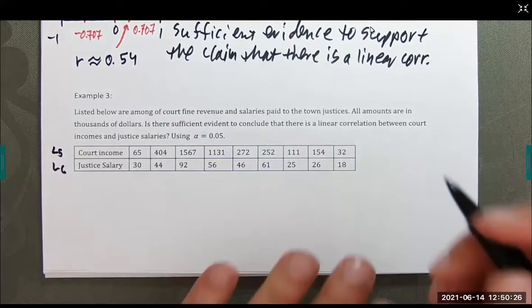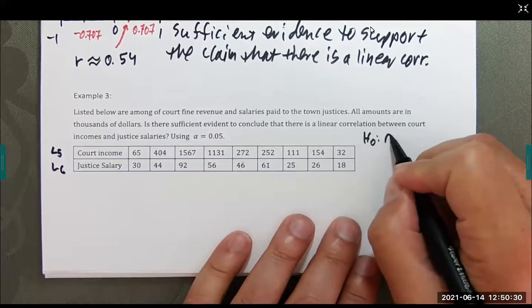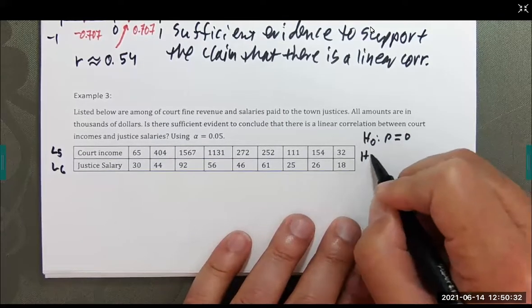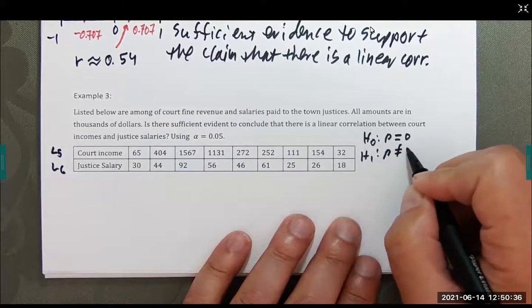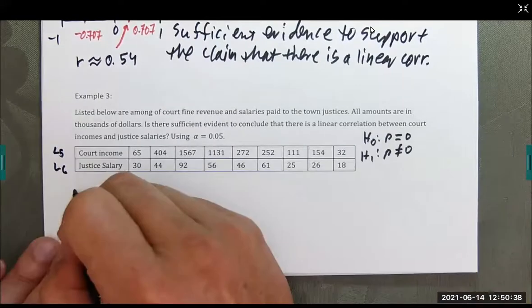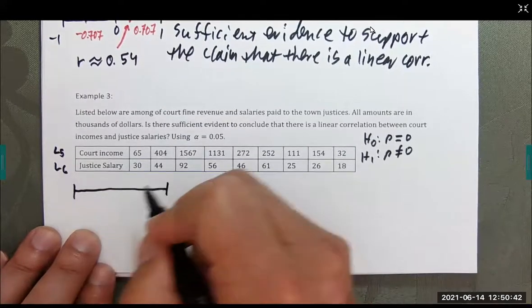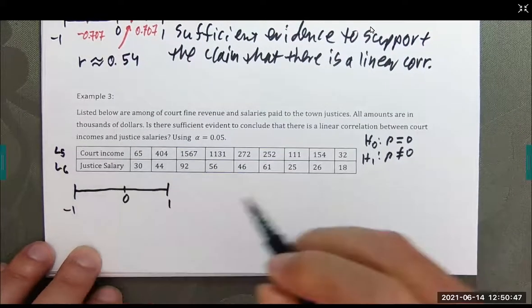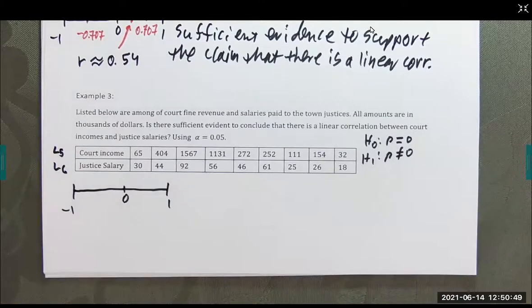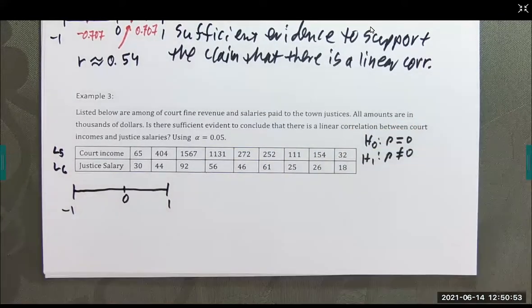But let's put down our hypotheses. And let's get our critical values, and 0 in the middle. In this case, we have 1, 2, 3, 4, 5, 6, 7, 8, 9. And 0.05 again.